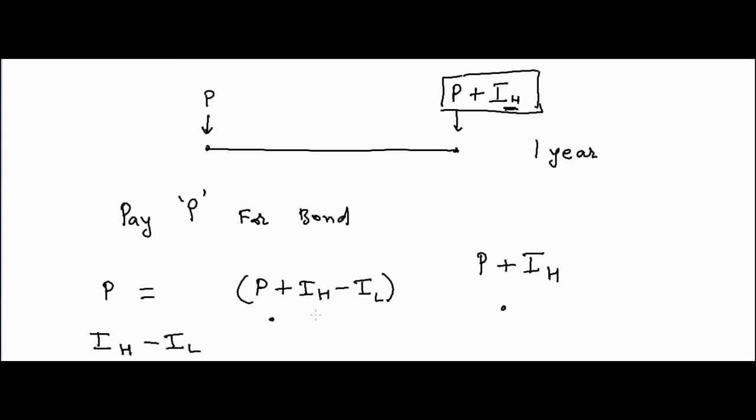You made the money by just buying the bond and selling the bond, and you don't even have to wait for the time. If the interest rate changes overnight, you will be able to make this much money just by buying or selling the bonds.